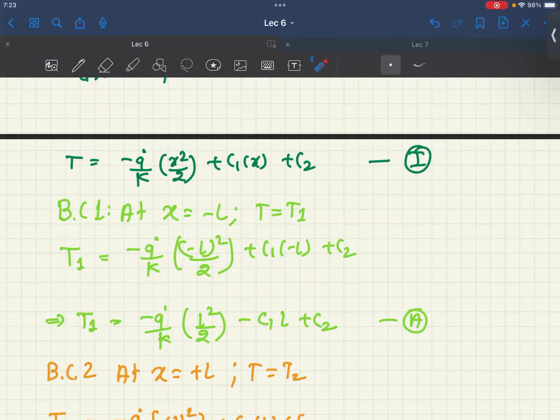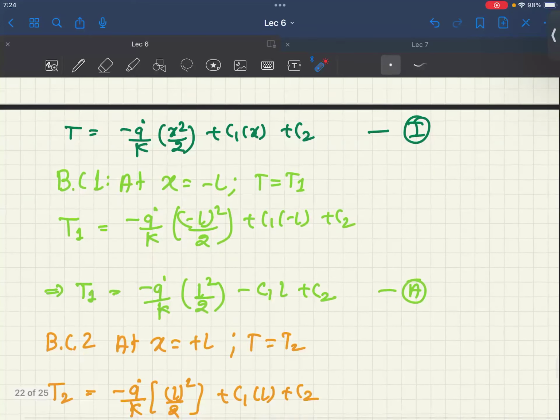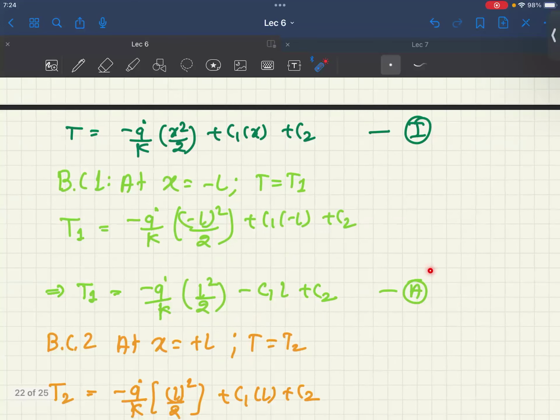So this is the expression which you end up with. When we simplify this, the first boundary condition yields this expression for us. We square it out.